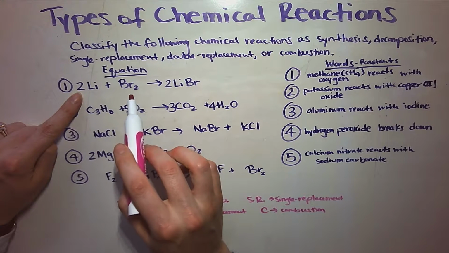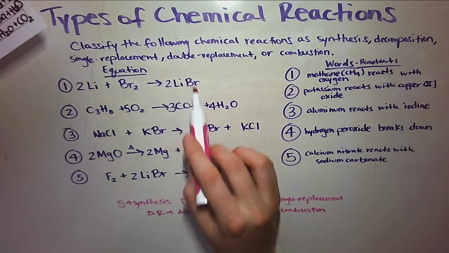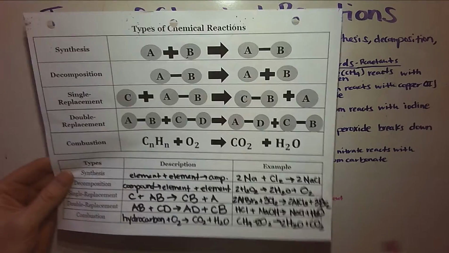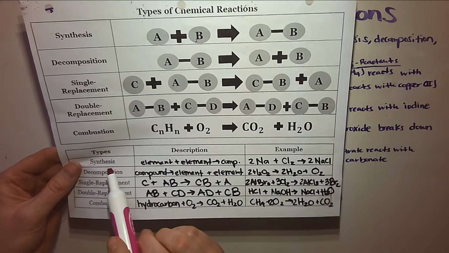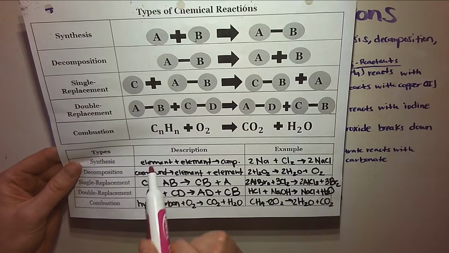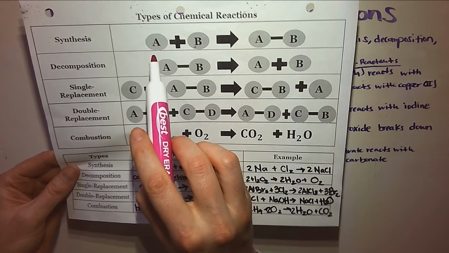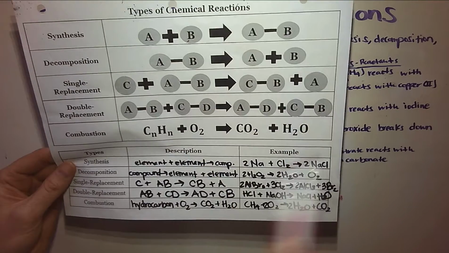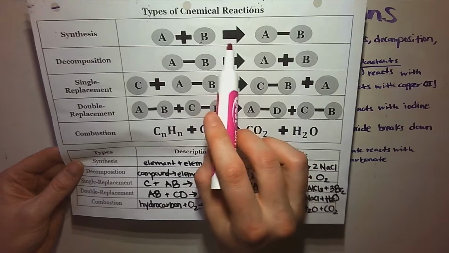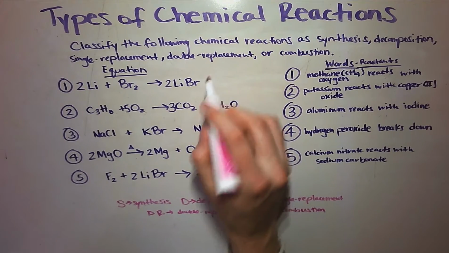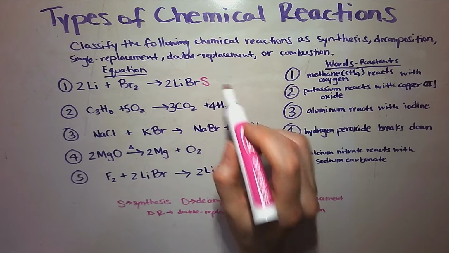Both are elements. So an element plus an element yields a compound, and in my descriptor, I have that for a synthesis reaction. Or as we have in the little visual above, A plus B yields AB. So number 1 is synthesis. Put a little S beside it.